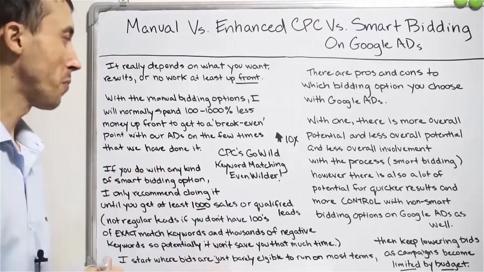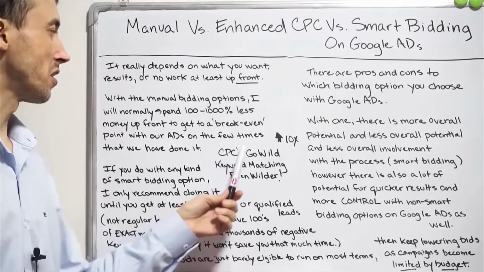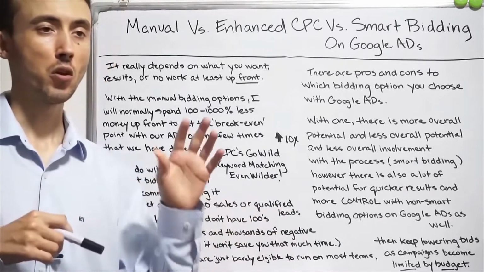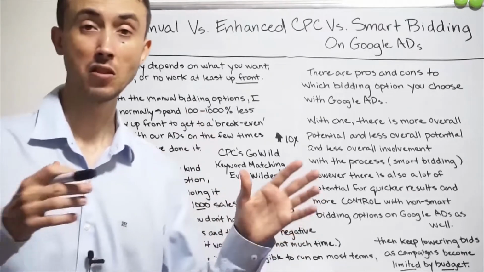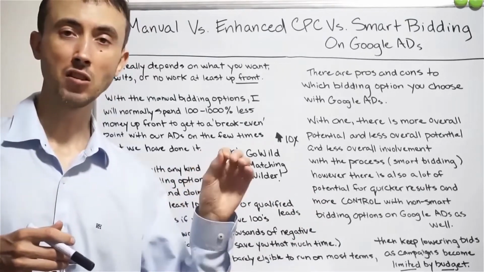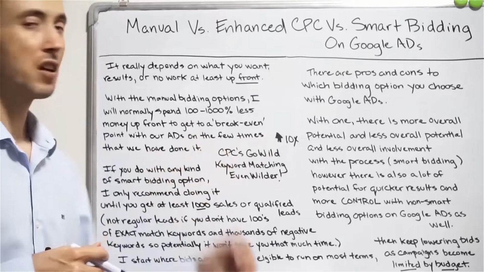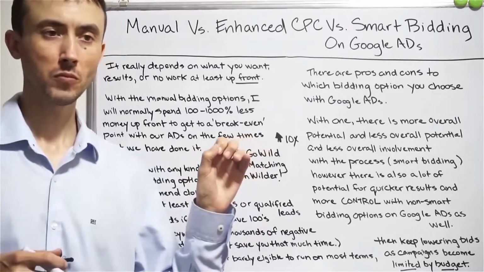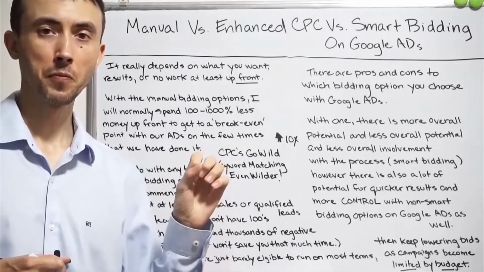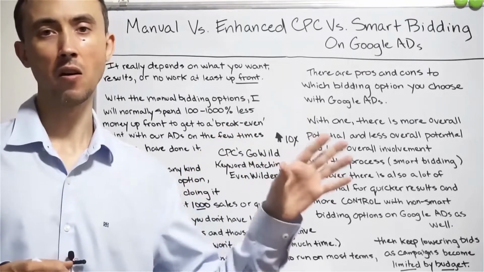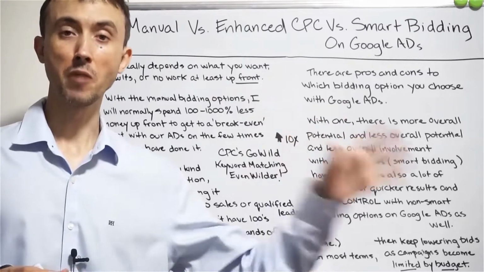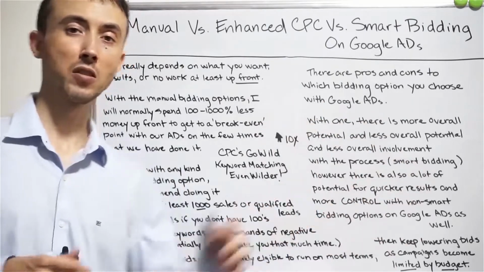What happens with smart bidding is the cost per click goes sky high initially, because Google, I guess I'll just say assumes, at least the way that it seems to me, that if you're going to use smart bidding and you're going to use target CPA bidding, you want a set amount to pay per lead, or you want a set target revenue with target ROAS bidding.